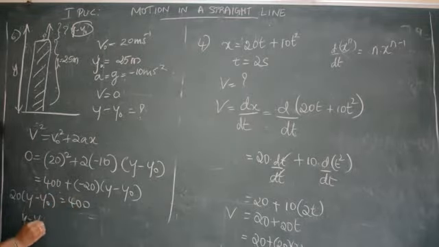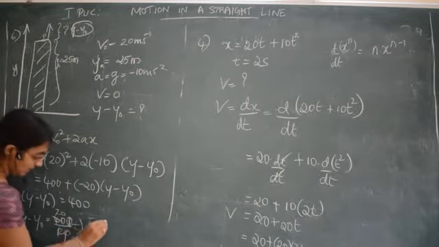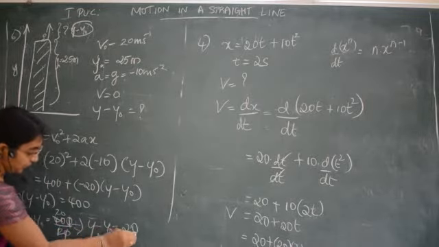So y minus y0 is equal to 400 divided by 20, which is 20.